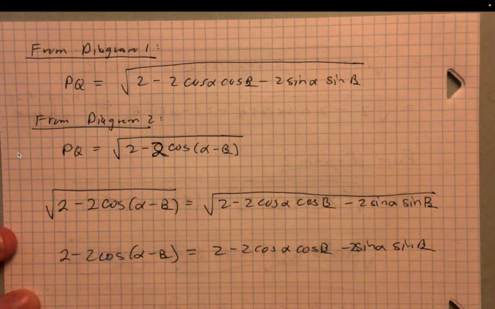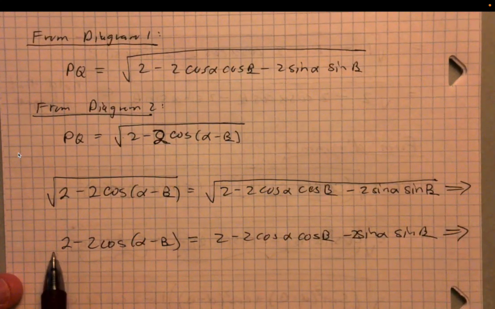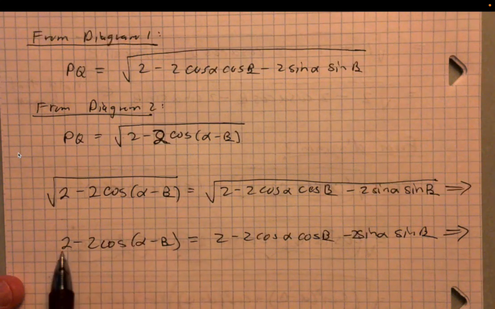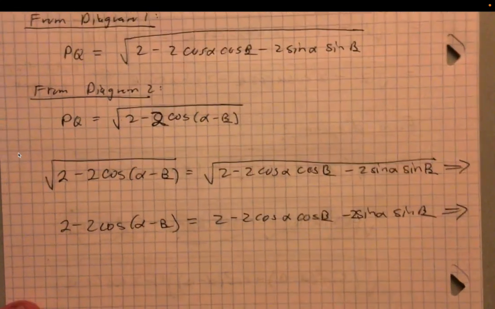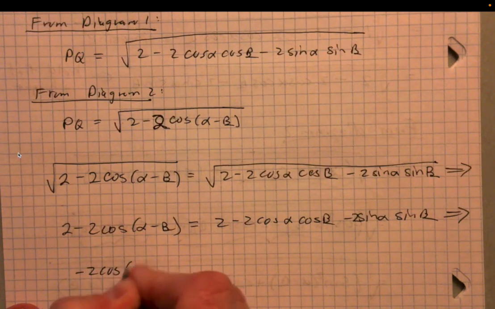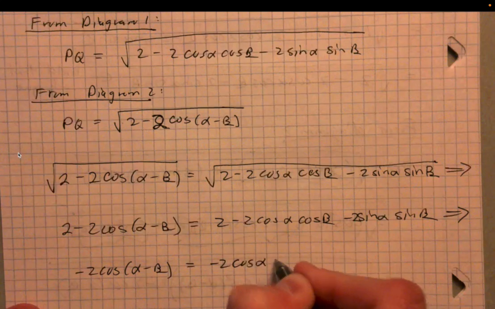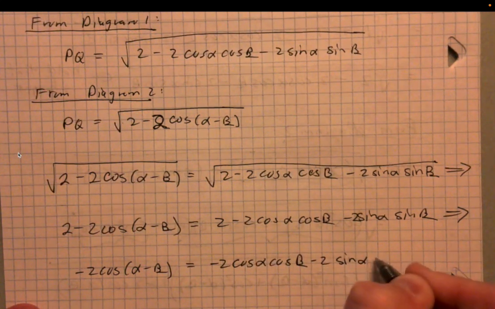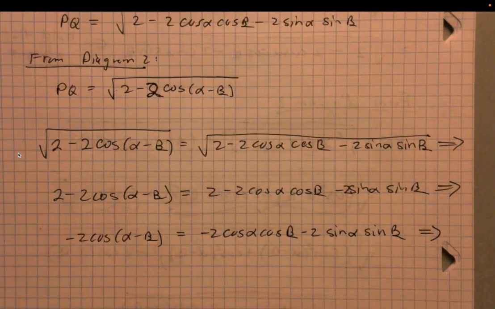If I square both sides, the radical just disappears, right? And then the 2's disappear as well. I've got 2 on both sides, so I can just subtract 2 from both sides, and then I get negative 2 cos alpha minus beta equals negative 2 cos alpha cos beta minus 2 sine alpha sine beta, right? And then I can obviously divide both sides by negative 2, right?